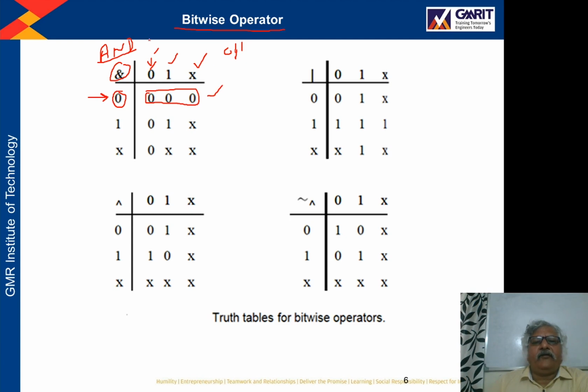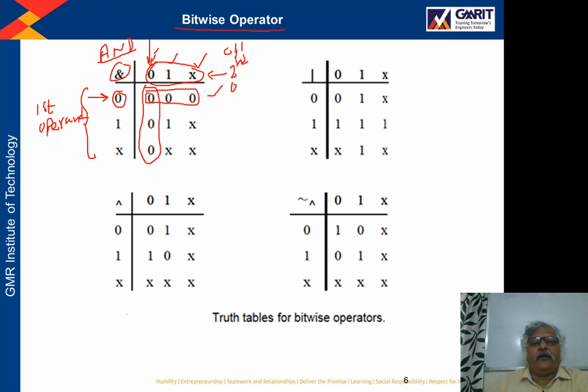In the same way in the vertical direction, you see one operand is 0, so this column is also 0, right? Let us assume this is the first operand and this is the second operand.